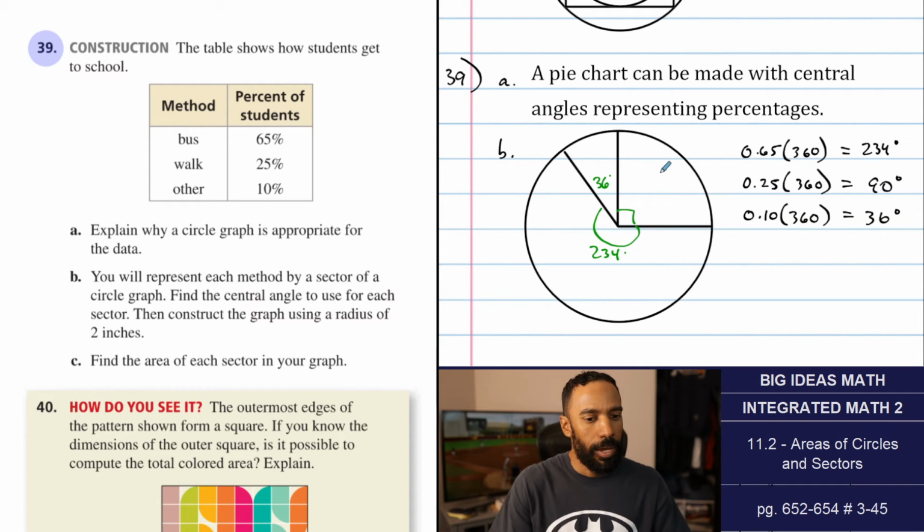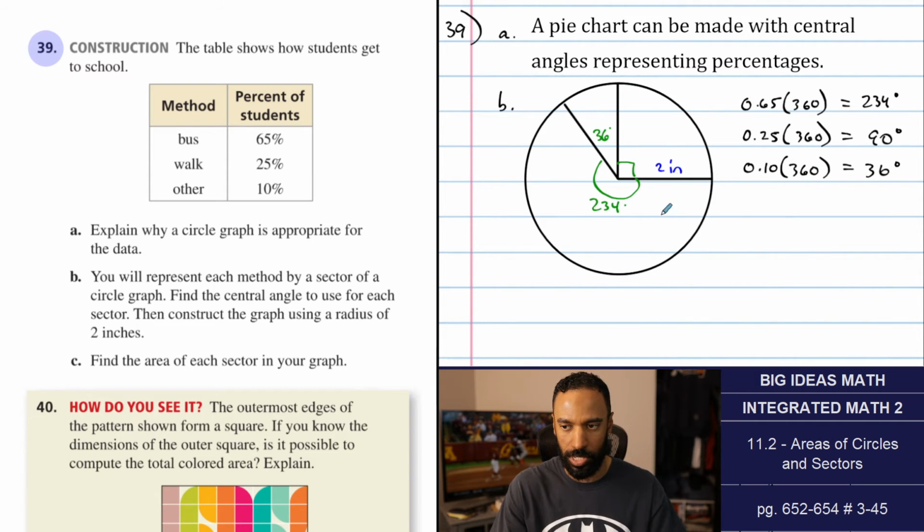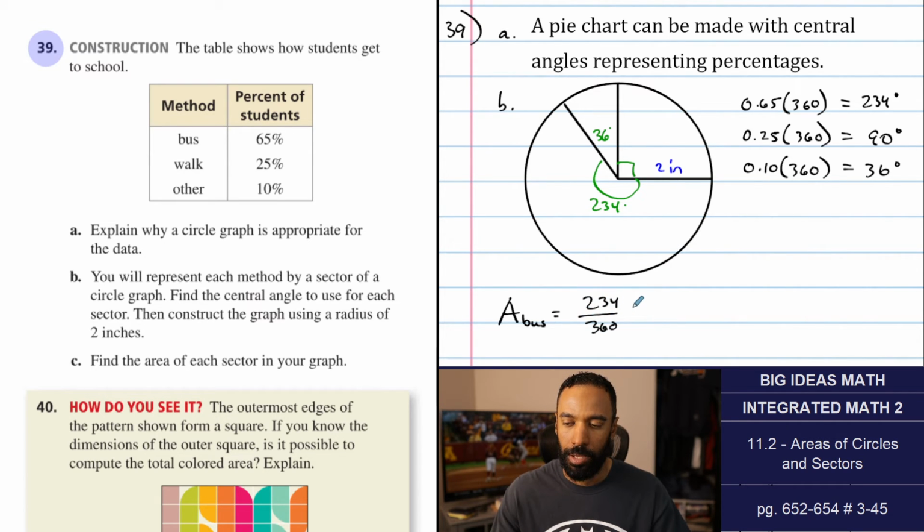They said construct the graph using a radius of 2 inches, find the area of each sector. So let's call this 2 inches, which has nothing to do with the percentages themselves, it's just how big the sectors are. So the area of the bus sector is 234 out of 360 times pi r squared.